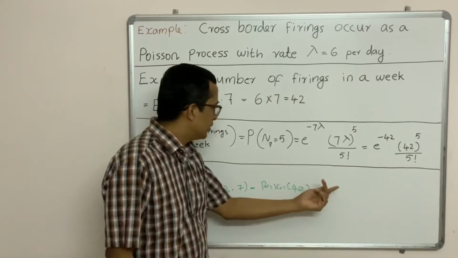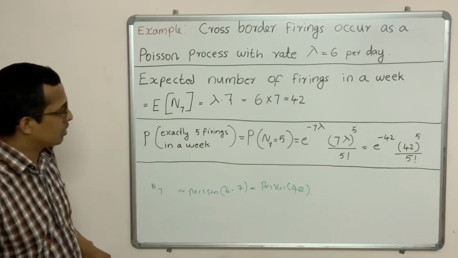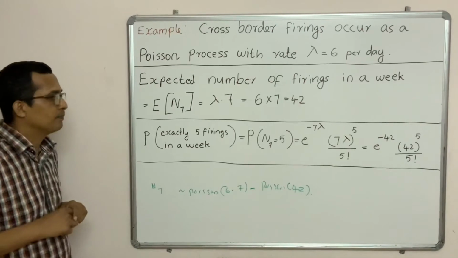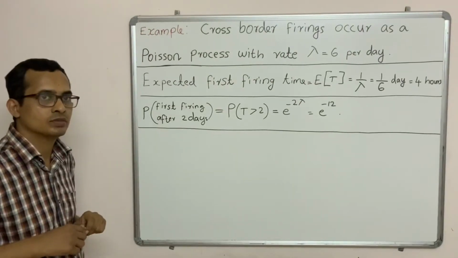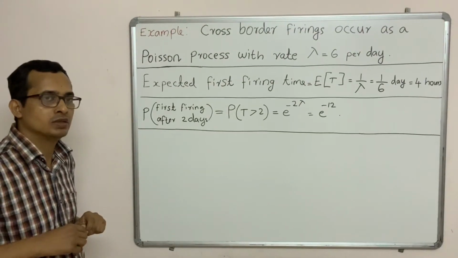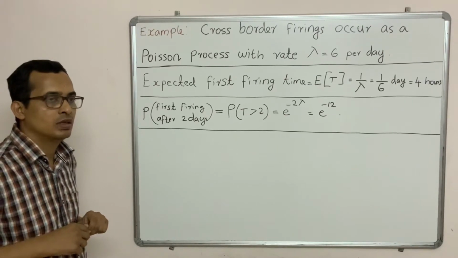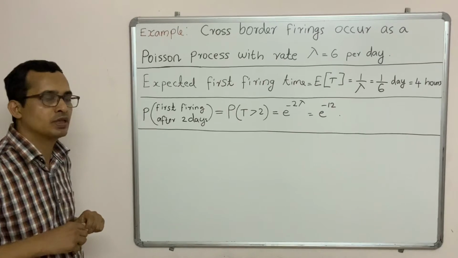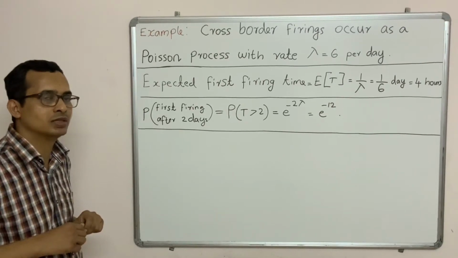If you seek a computer or a calculator, you can actually find the probability. We are still in the same example where we are considering the firings coming as a Poisson process with rate 6 per day.